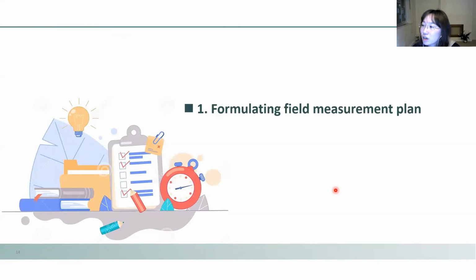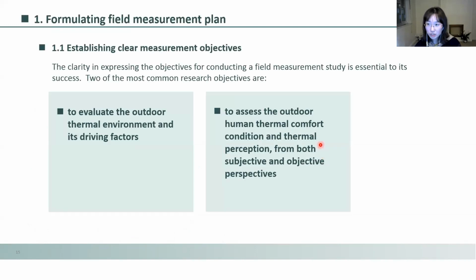Okay, the first section of this guideline is formulating a field measurement plan. The first thing we need to do is to establish clear measurement objectives, because a clear understanding of the research objective can facilitate the plan's realization. From the literature review, I found that there are two commonly used research objectives.